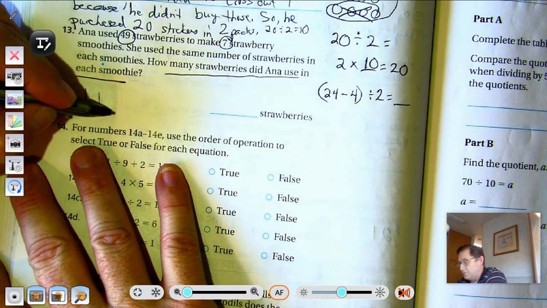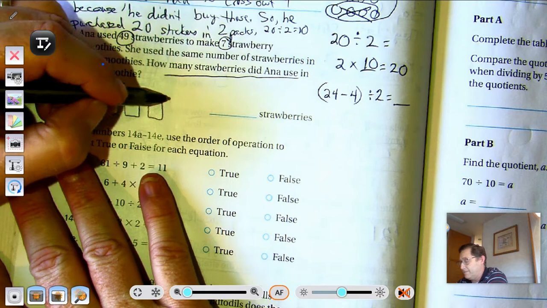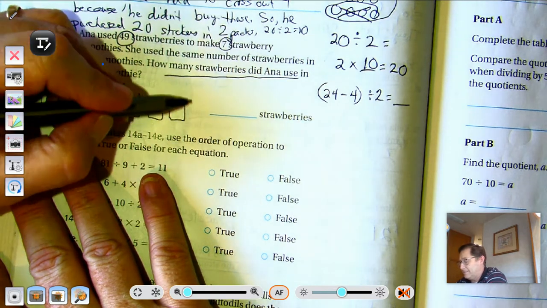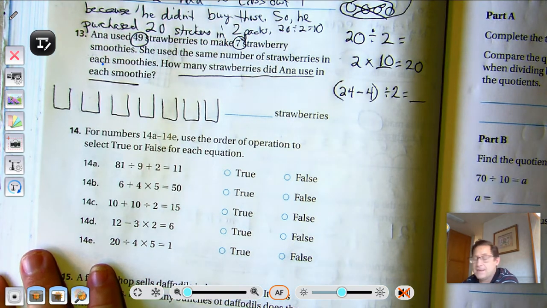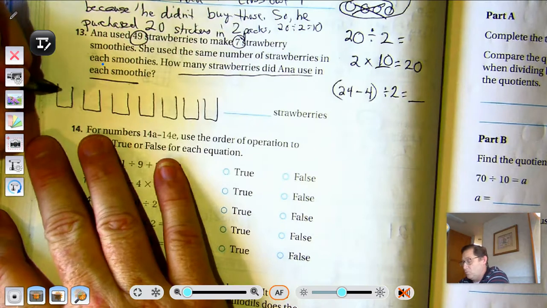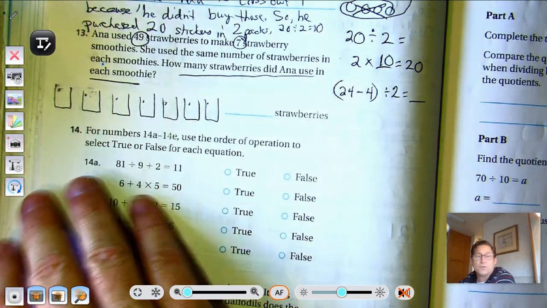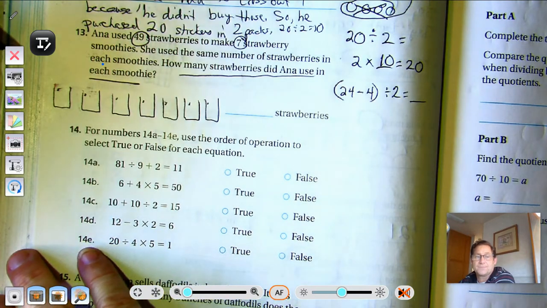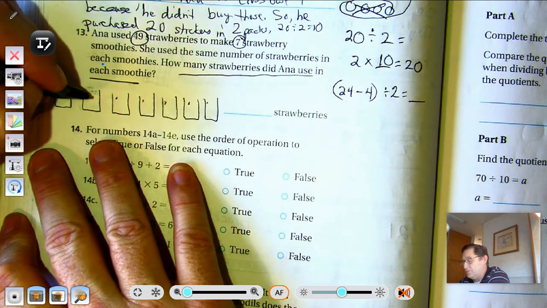What if we drew the 7 smoothies to represent our groups? 1, 2, 3, 4, 5, 6, 7. She has 49 strawberries to share with those 7 smoothies. So I put 1 strawberry in every smoothie, and I'm going to keep adding 1 until I get to 49.